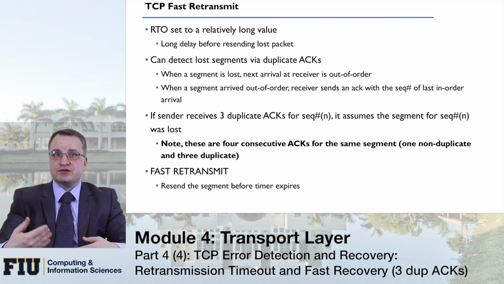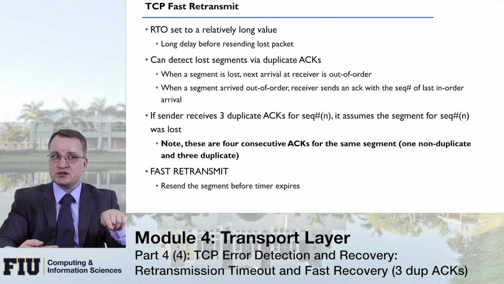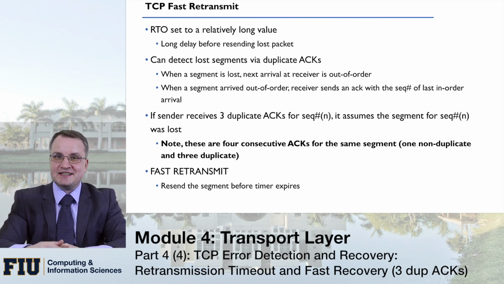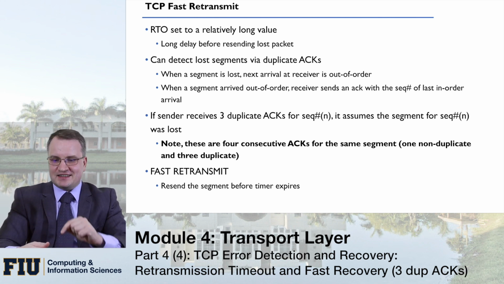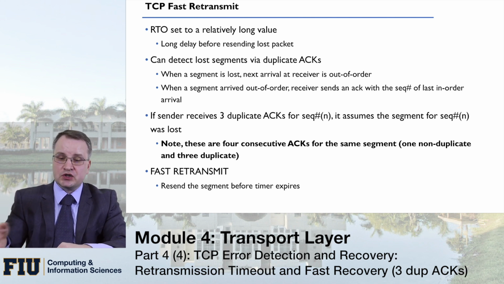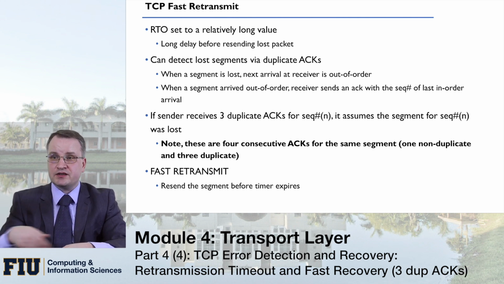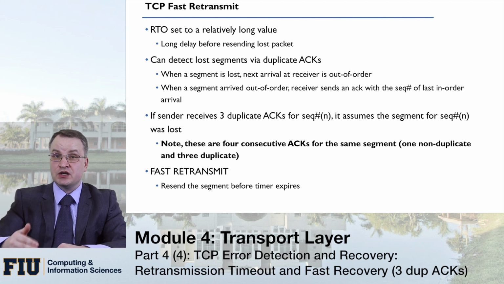As soon as the sender receives those 3 duplicate acknowledgements, it simply assumes the segment containing the byte indicated in the duplicate acknowledgement has been lost. So the sender can retransmit this packet right away and hopefully get a cumulative acknowledgement that acknowledges a reasonable chunk of data.